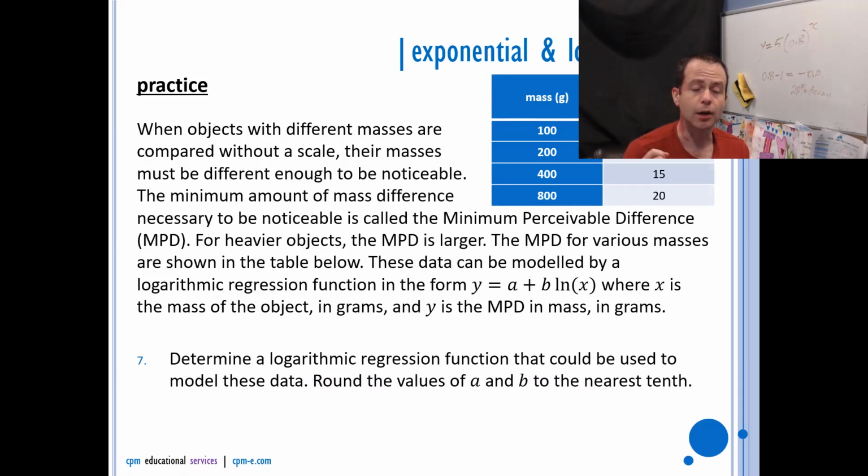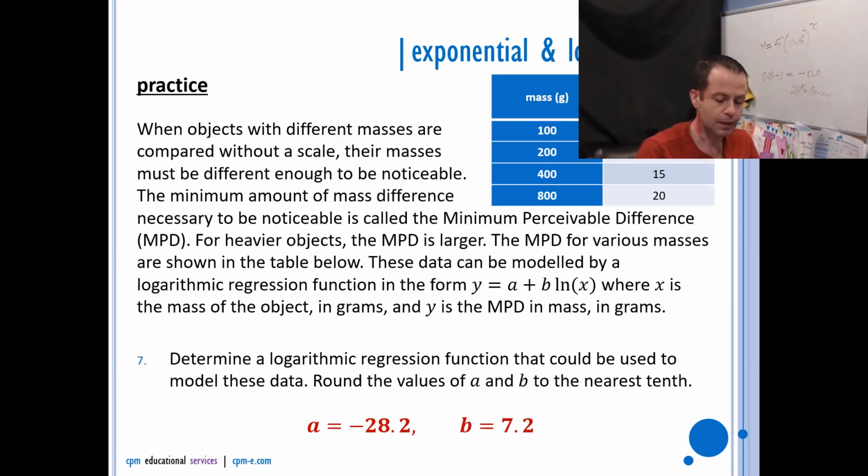On a Casio, the regression option you're choosing will say log, and on a TI, the regression option you're choosing will say LnReg. Then that should give you an A value of negative 28.2 and a B value of 7.2, when rounded to the nearest tenth.